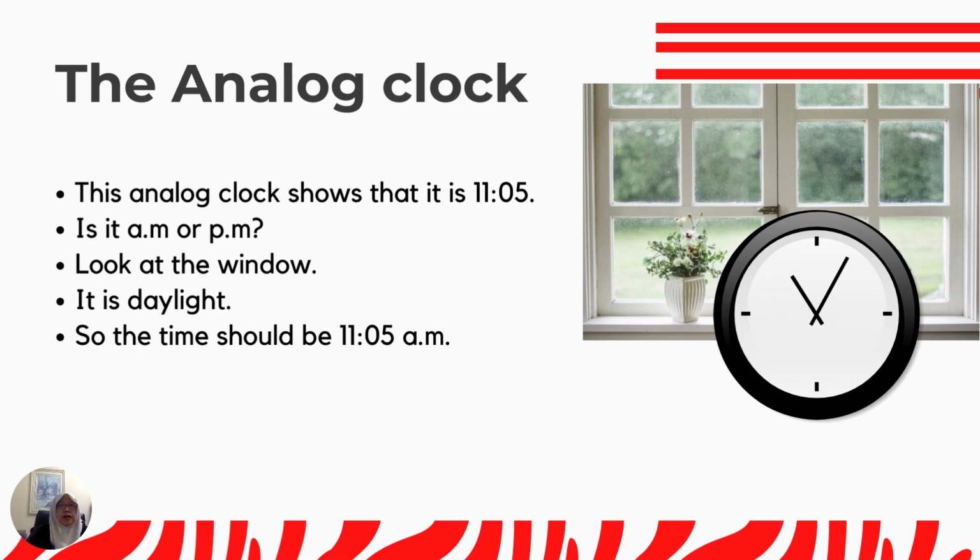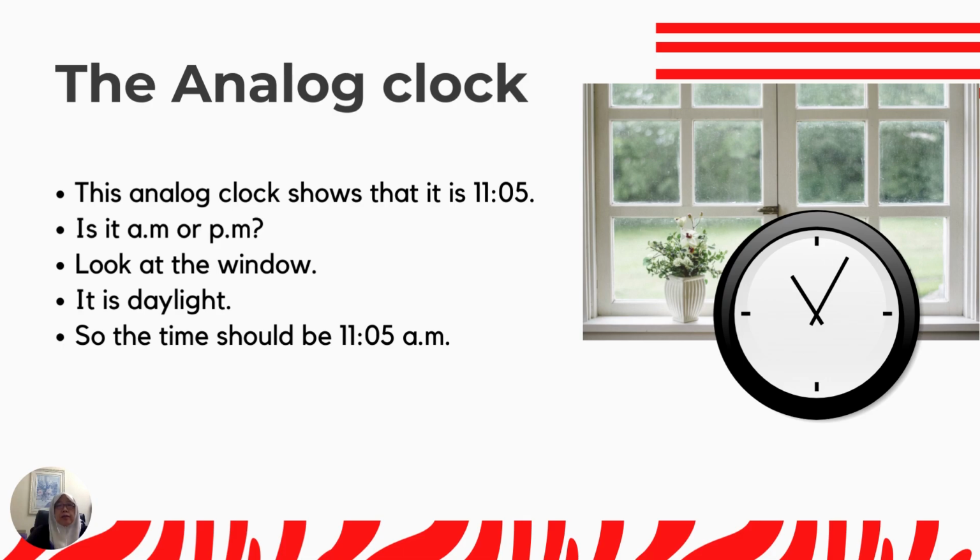Next. Okay, so we have a clock and we have windows. This analog clock shows that it is 11:05. So is it AM or PM? Is it daylight or is it nighttime? Let's look at the window. It is daylight. Since it is daylight, it is AM.